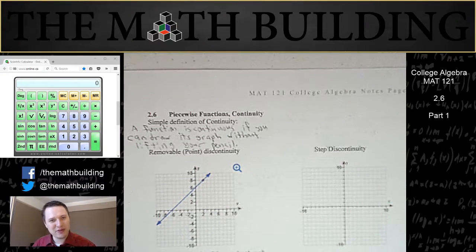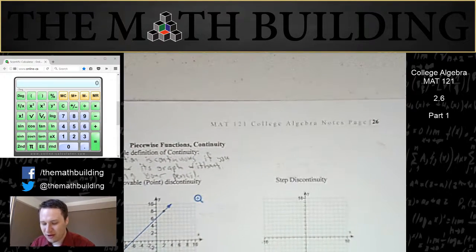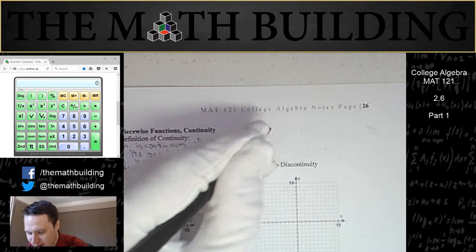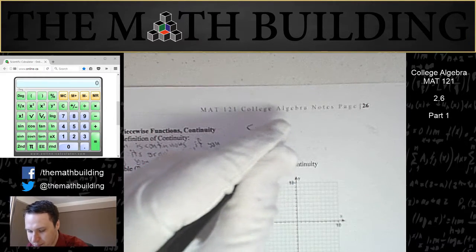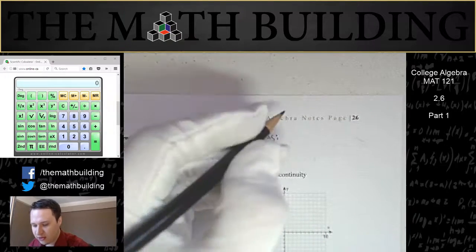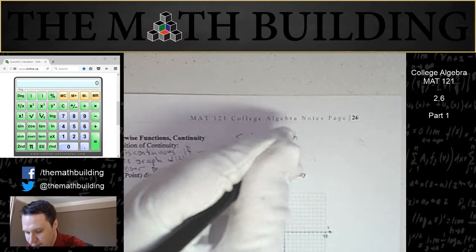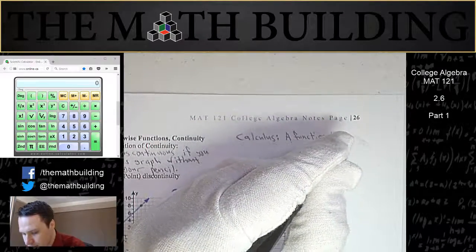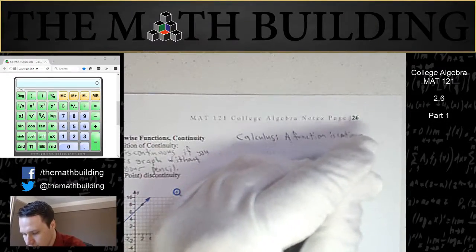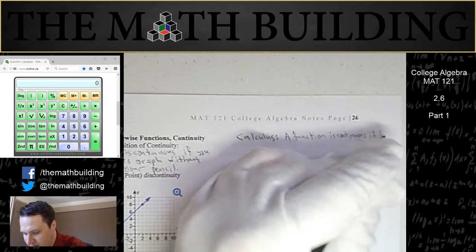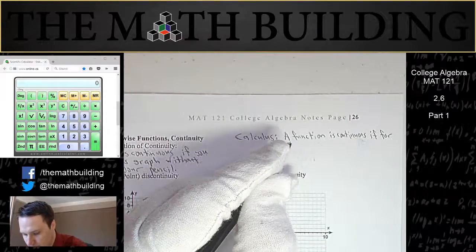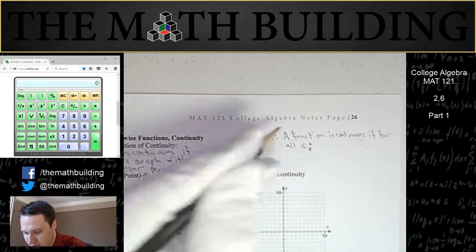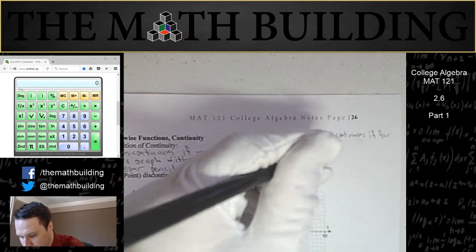So for our purposes, that's going to be the definition of continuity, but let's give us the calculus definition as well. So here's the calculus definition of continuity. A function is continuous if for all points, which I'll just call C, so for every point on the graph, we need three things to be true.